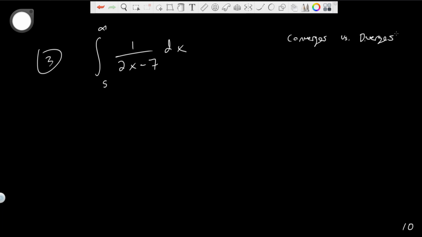This is larger than the previous graph. If we knew that 1 over (2x minus 7) to the third diverged, then this being larger would tell us that it must diverge. But because we know that the thing smaller than it converges, this tells us nothing about a graph that's larger than our first example. So we need to actually evaluate this one. This one won't be too bad. It's a little bit easier of an integral.